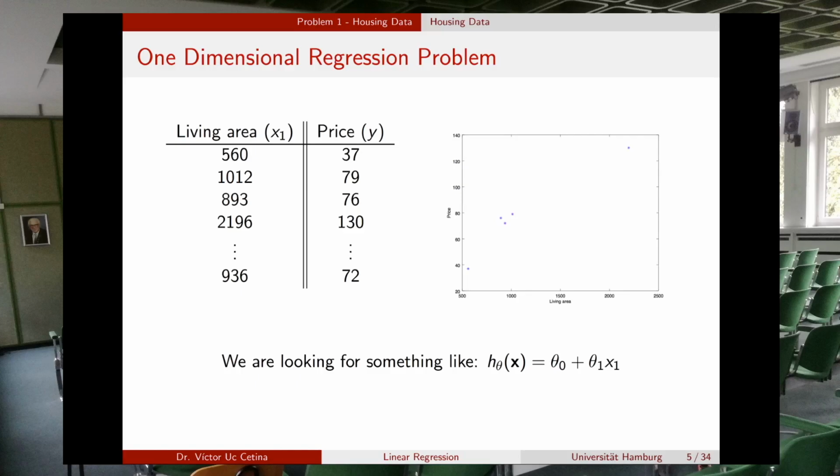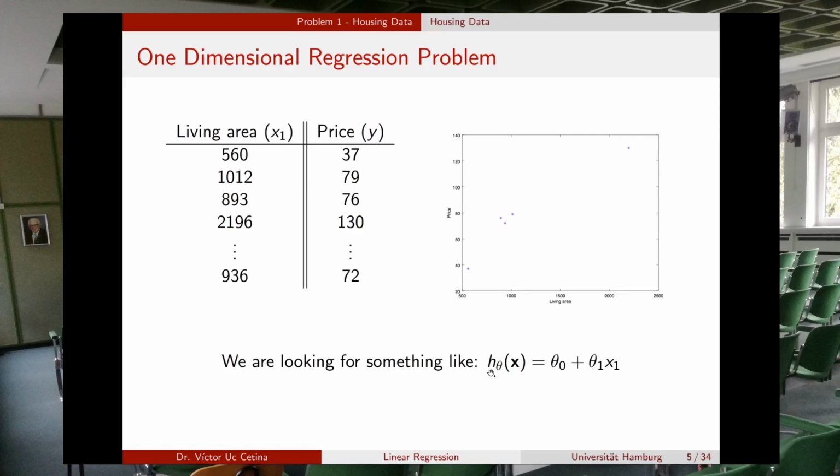As I said before, we have the points and we would like to find a line that passes very close to the points, and this line will have this expression. We can write that function as a straight line. This is the equation of a line. And you see here h of x, where h is going to be our model.